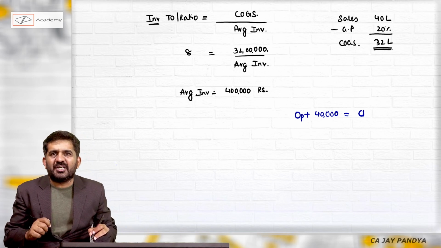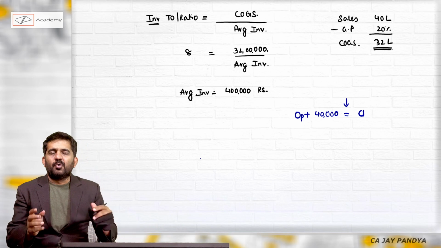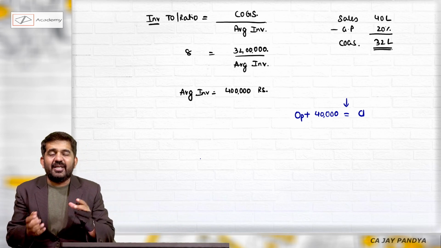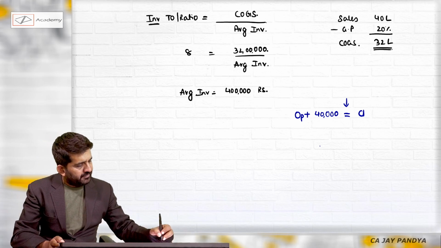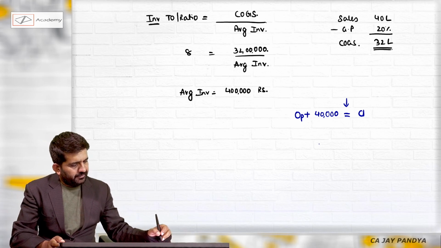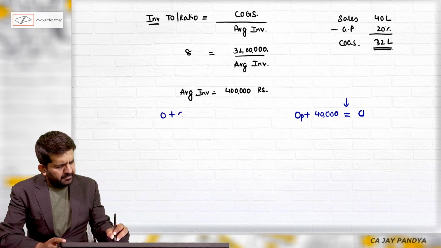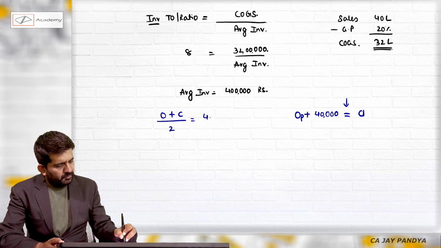Because closing is 40,000 more, to equalize them, opening is 40,000 less, so I need to add 40,000 to opening stock. Average inventory is opening plus closing divided by 2, equal to 4 lakhs.